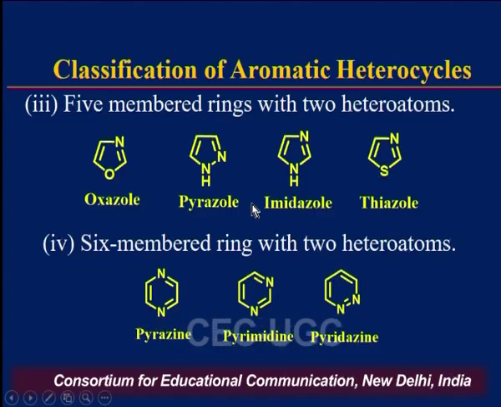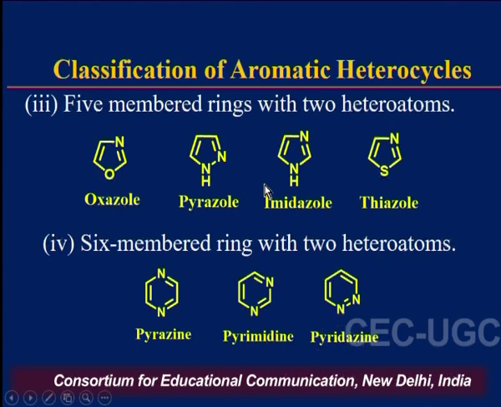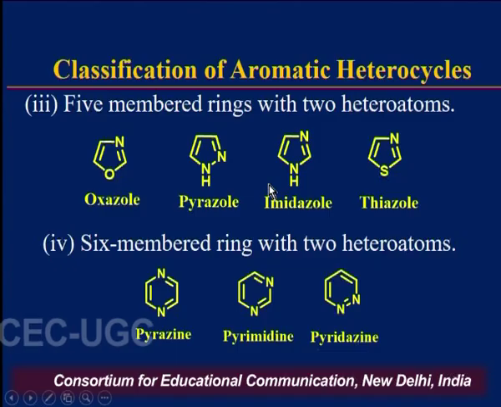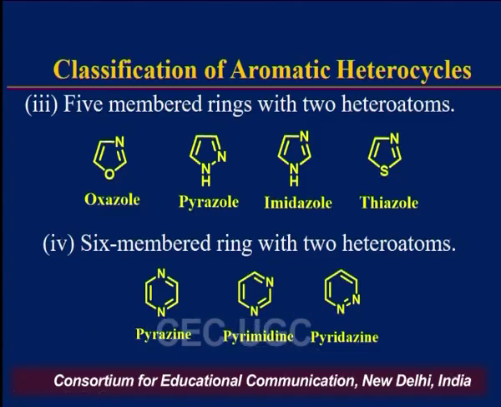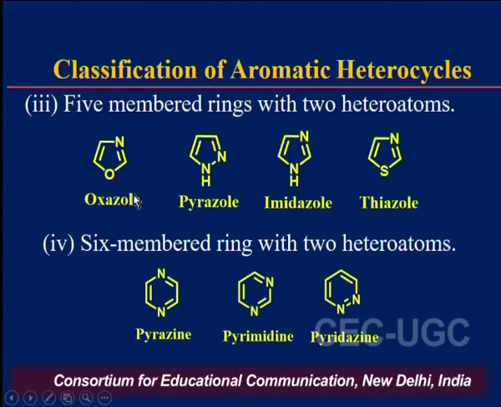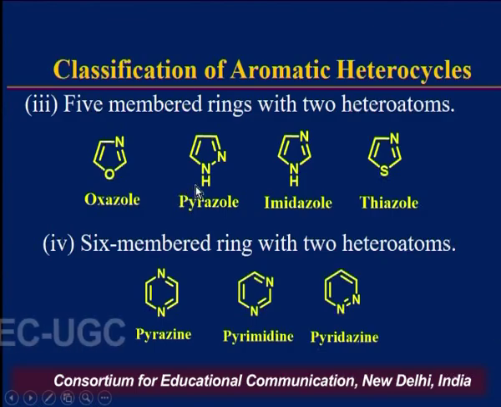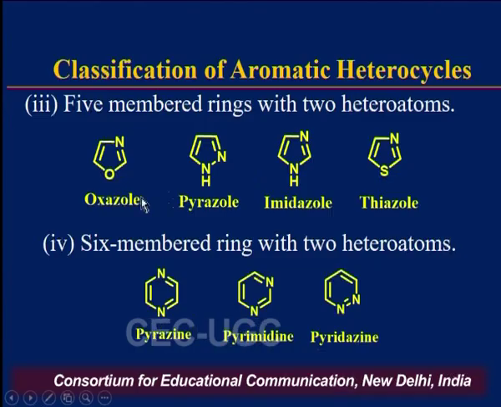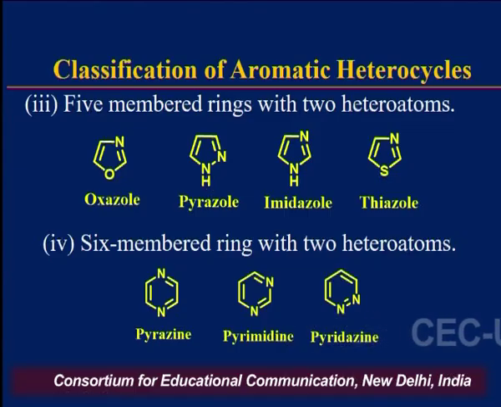Further, the third category in the classification of aromatic heterocyclic compounds is when the ring size is 5-member and there are 2 heteroatoms. In this case, the most important thing is that these heteroatoms can be of the same type or of different types.